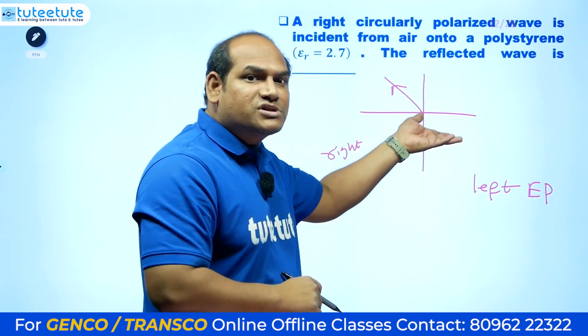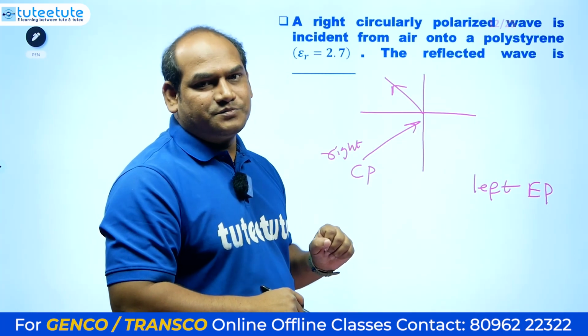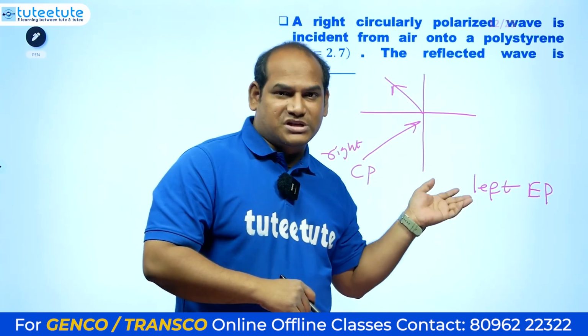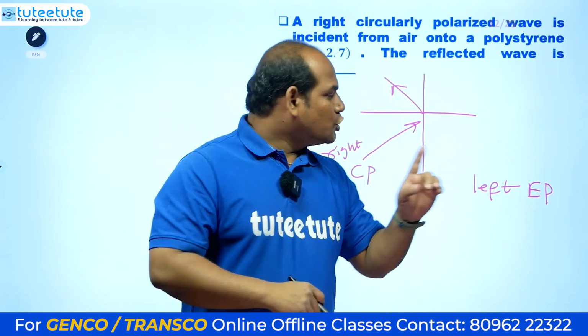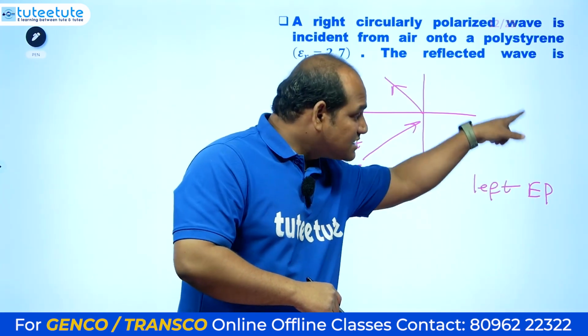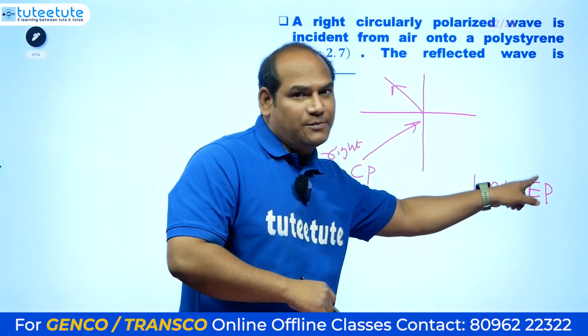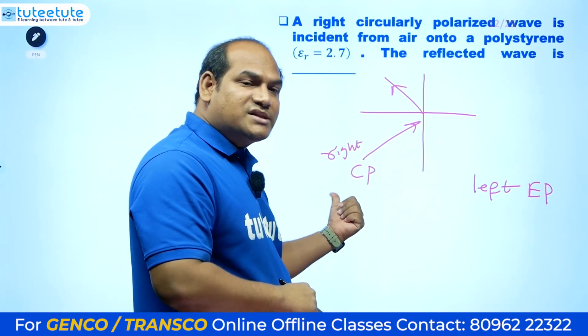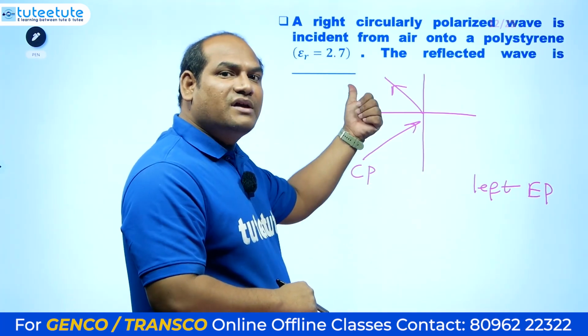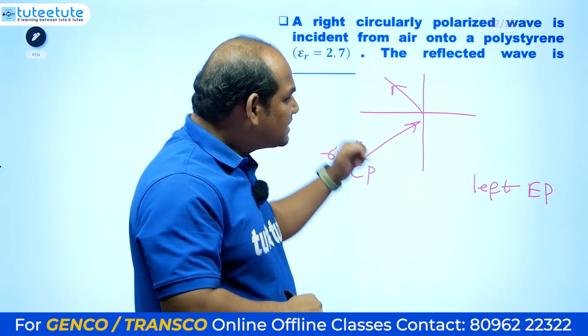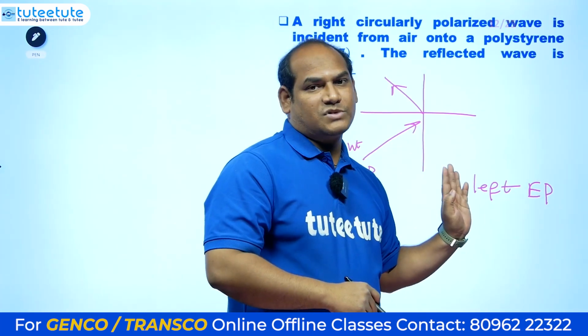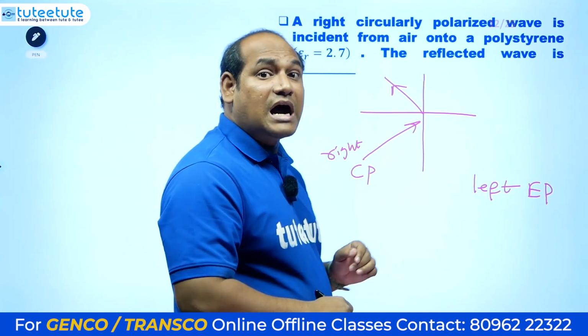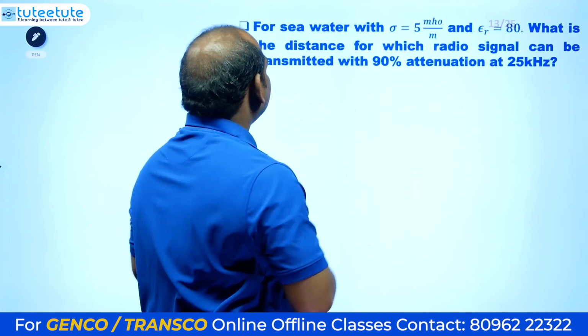If you send it at the Brewster angle, it will become linear. But they did not mention the Brewster angle, so you will have two components, and because of that you get elliptical polarization. And because a right circularly polarized wave is incident, the reflected wave is in the reverse direction, so that will become left. Like this we can answer this question.